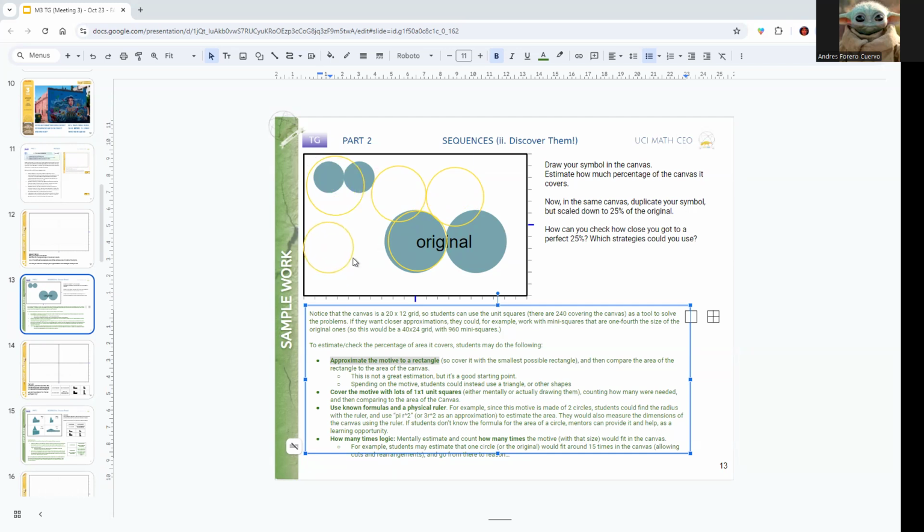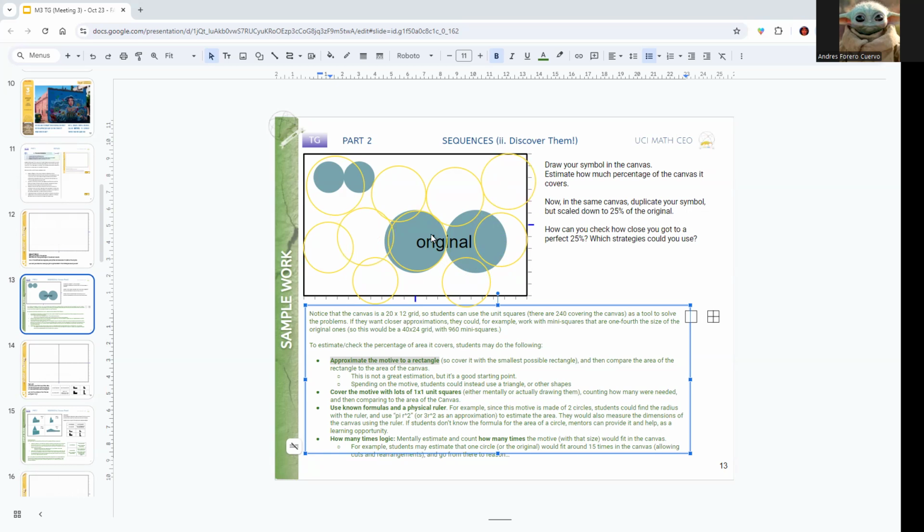So this should be equal circles. So I'm not making them equal, but they should be equal or almost equal. It's an approximation game. And then I would get a sense, okay, I need maybe 10, maybe more than 10, things like that. And then I would divide by 2 the answer, because the question is about my original.